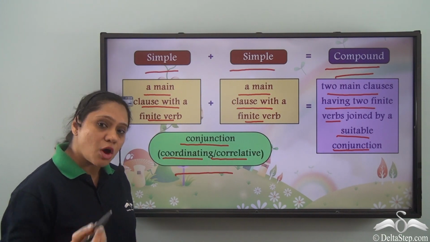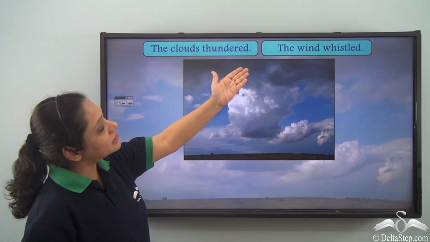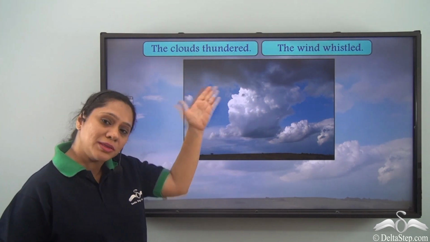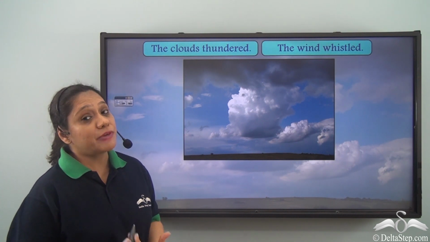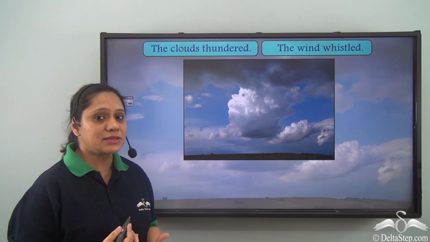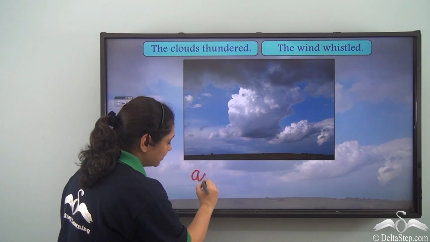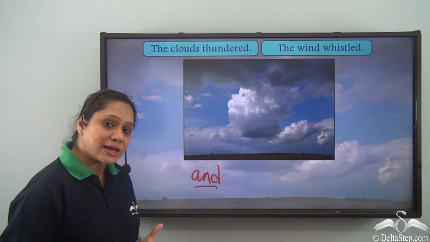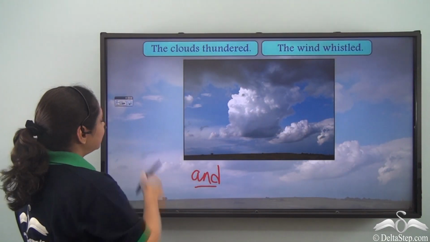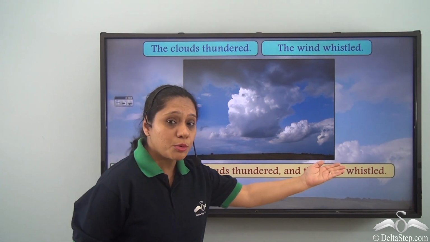Let us see how we do it. The clouds thundered, the wind whistled. Now, both these sentences are giving us related ideas, and when we join sentences with related ideas, which conjunction do we use? We use the conjunction and. So, when we join these two simple sentences with and, we will get: the clouds thundered and the wind whistled.